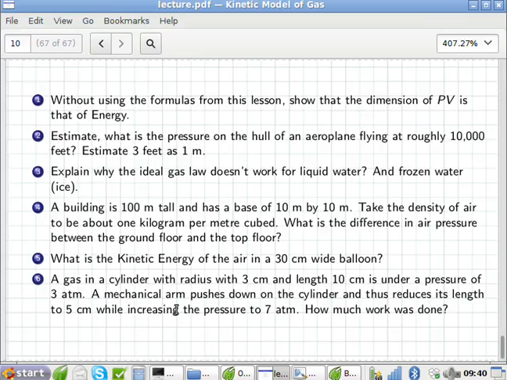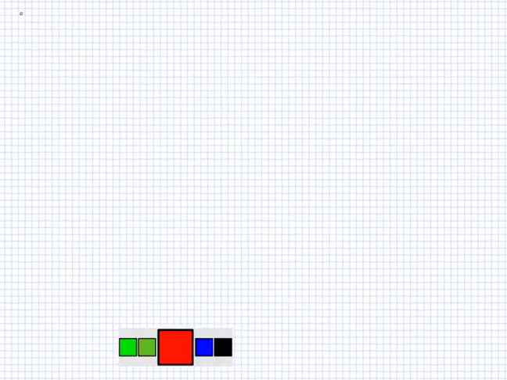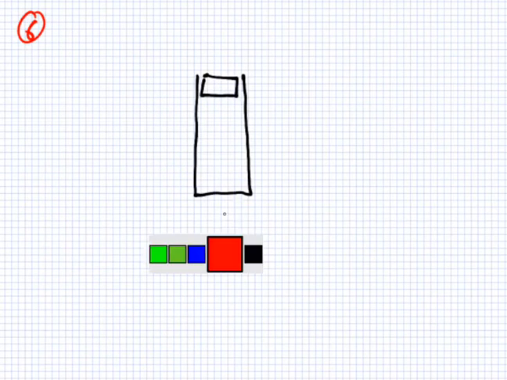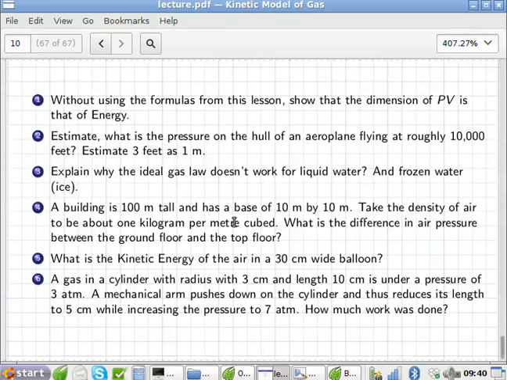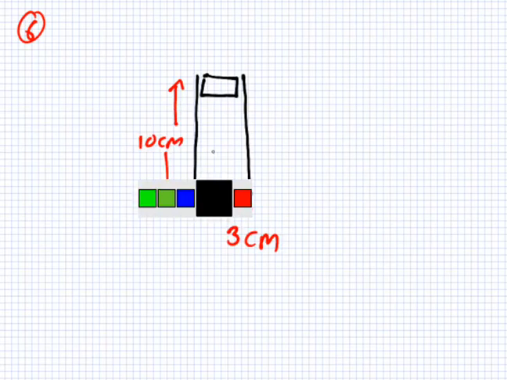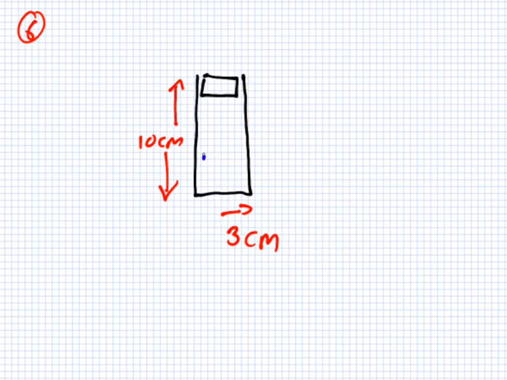Wait, that sounds like it's in pascals. No, millibars. What's the unit, MB? Both capitals? Yes.